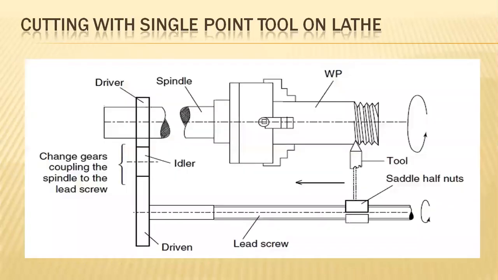Speed is maintained as it clearly specifies. This is the lead screw, the driven, and this is the driver that will be rotating with respect to the spindle, and the tool will be engaged to remove the small chips from the work part by a particular thread cutting process.